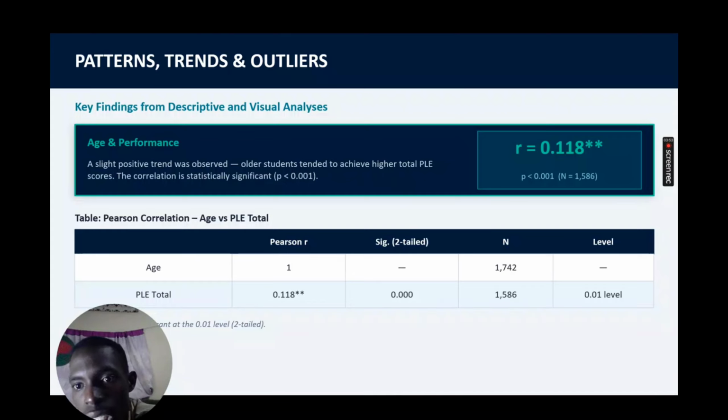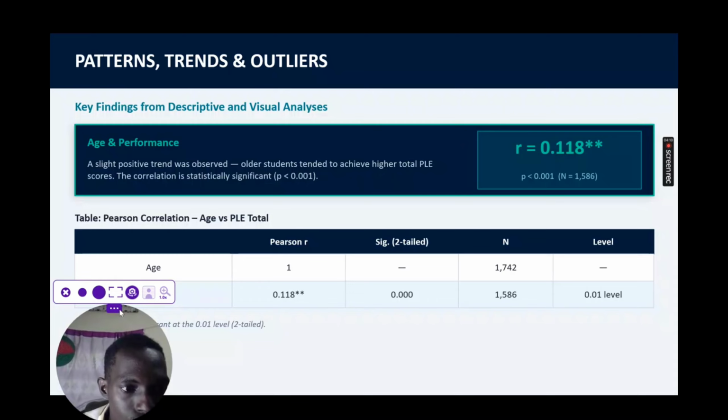Our N, our sample size for the age, was 1,586, meaning that we removed the outliers because we realized that we got some samples where ages were computed as one year, which was impossible.